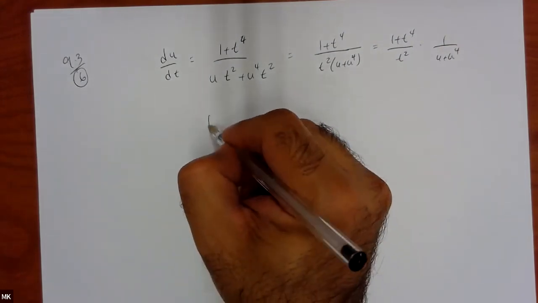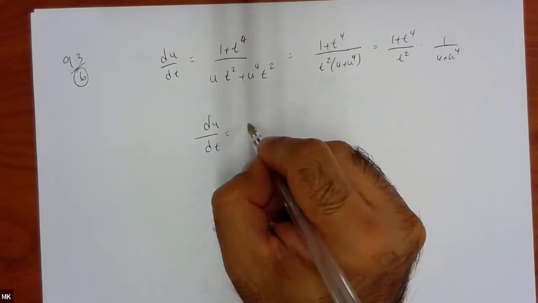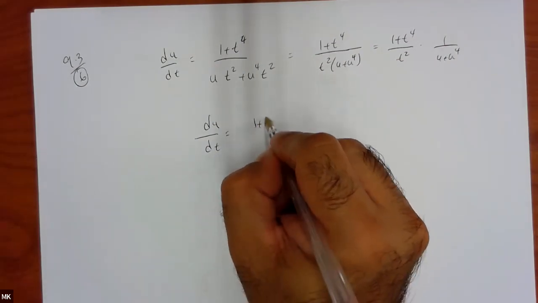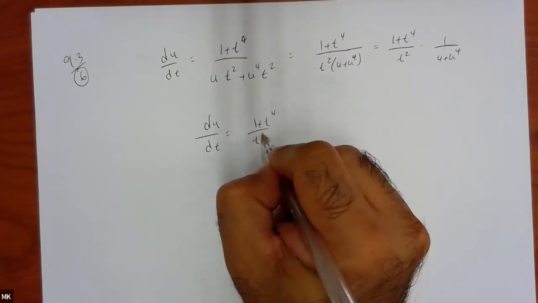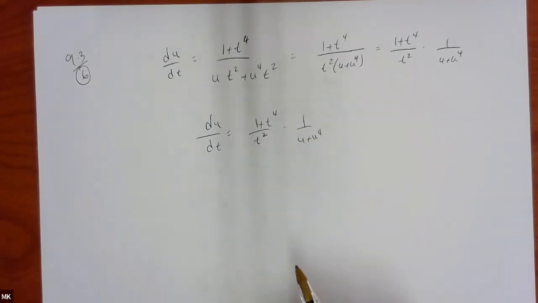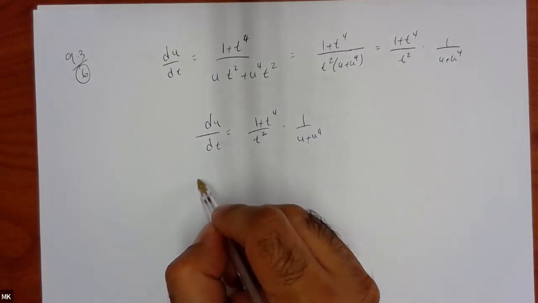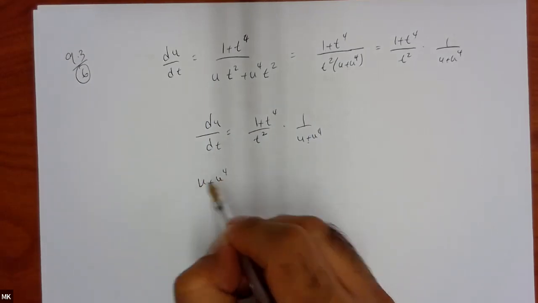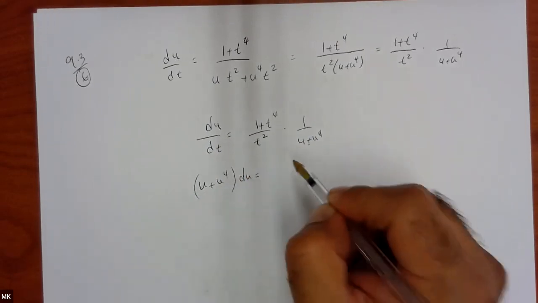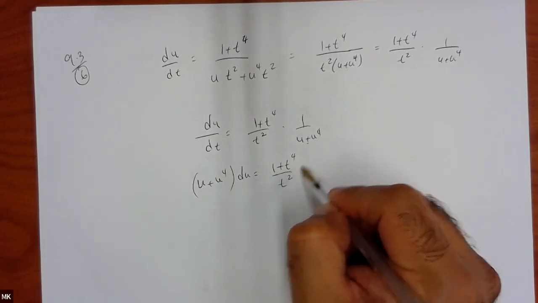So let me write it clean here. du/dt is equal to (1 plus t to the 4) over t squared times 1 over (u plus u to the 4). I multiply both sides by this and dt. So I get (u plus u to the 4) du is equal to (1 plus t to the 4) over t squared dt.